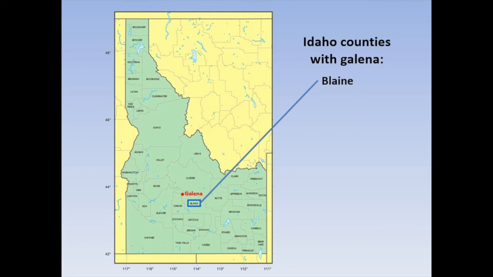The town was established in 1879, but was relatively short-lived, like a lot of the old mining camps were. Apparently, it was abandoned by 1890. And its name was derived from the fact that there were a lot of galena veins in the surrounding mountains.